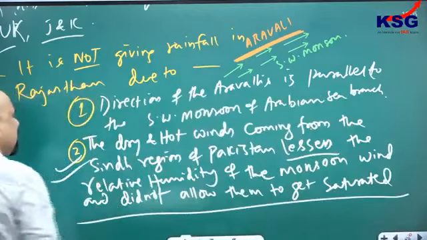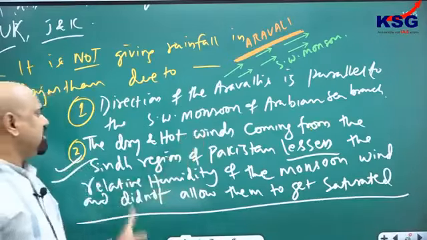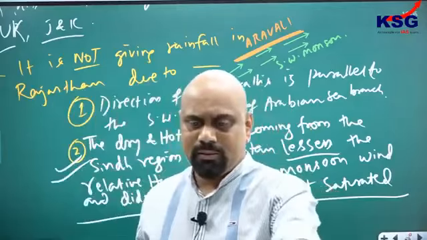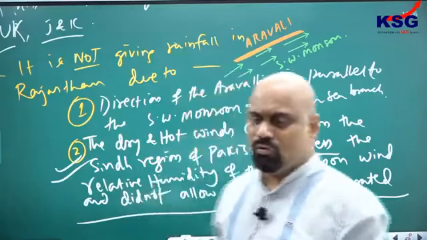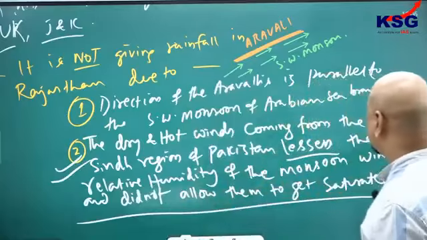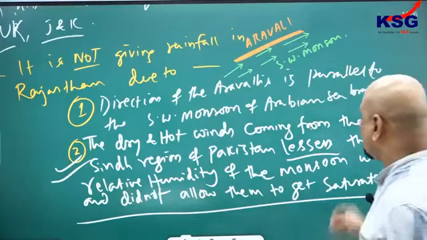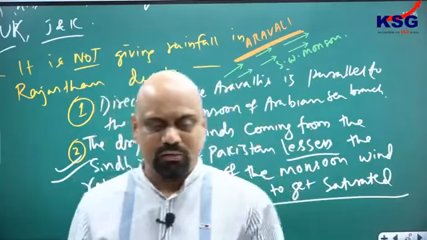Second point is very, very important. The dry and hot winds coming from the Sindh regions of Pakistan reduce the relative humidity of the monsoon wind and do not allow it to get saturated. No rainfall will be there.